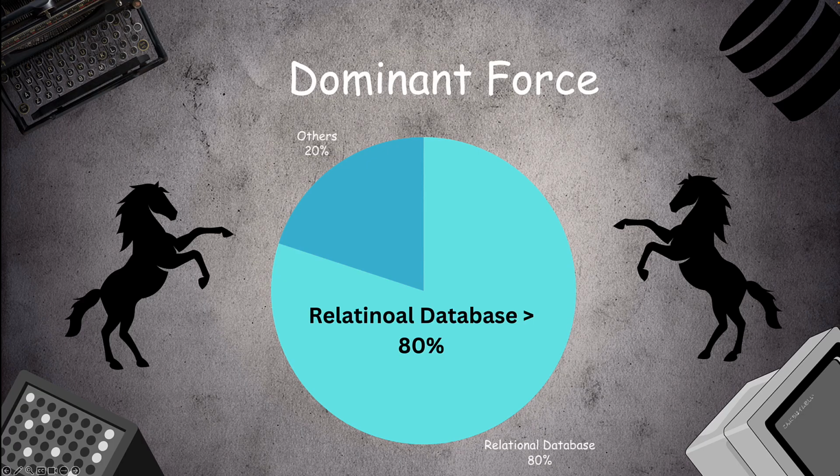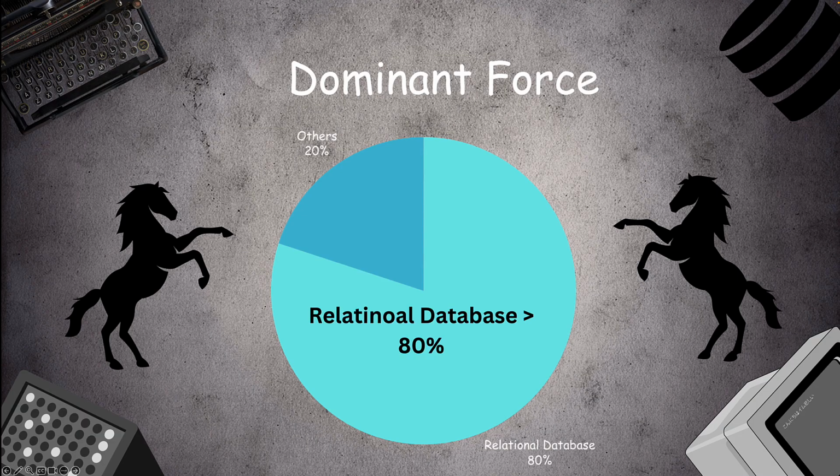And this is especially true for core transactional and analytical systems. They continue to be the workhorse for structured data, complex queries, and applications that demand very strong data consistency and integrity.